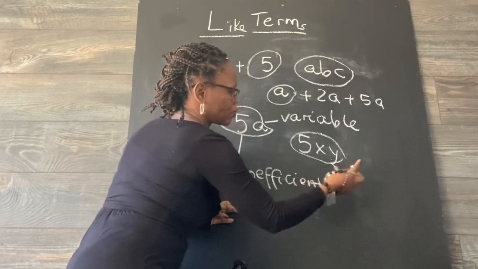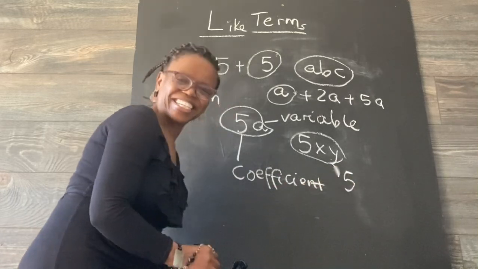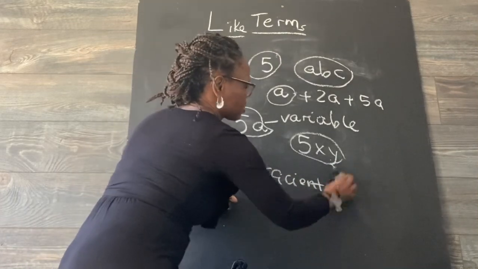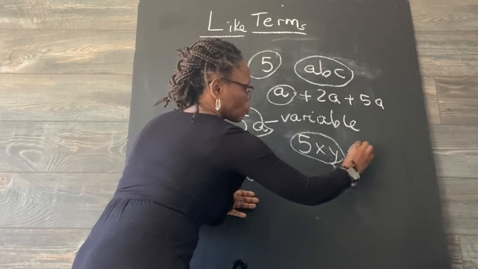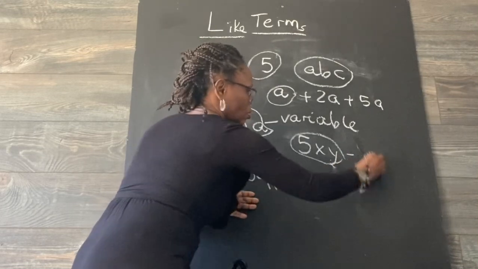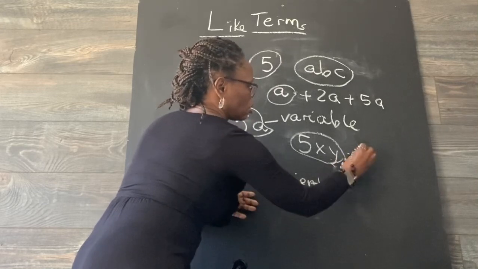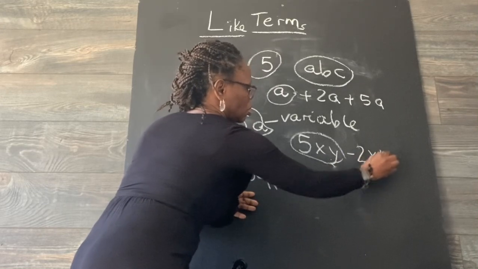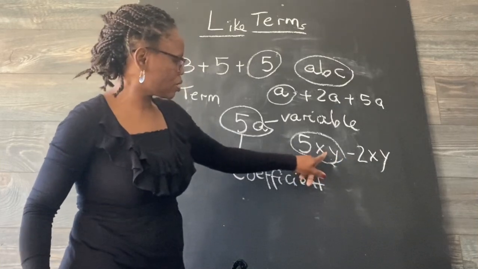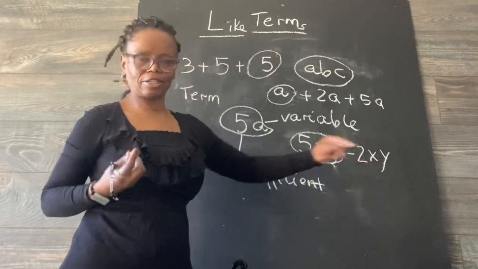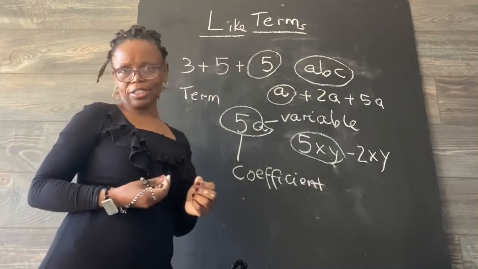Let's say we wanted to add or subtract this, we can do. We have like terms, x and y, x and y. Those are like terms, and so forth.